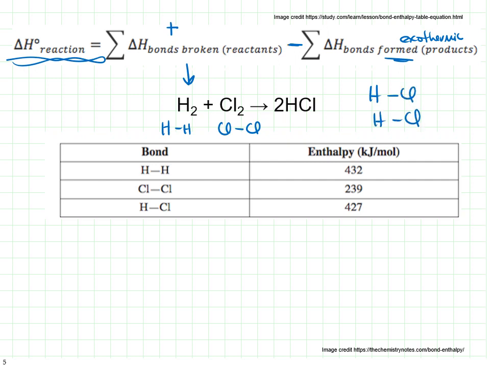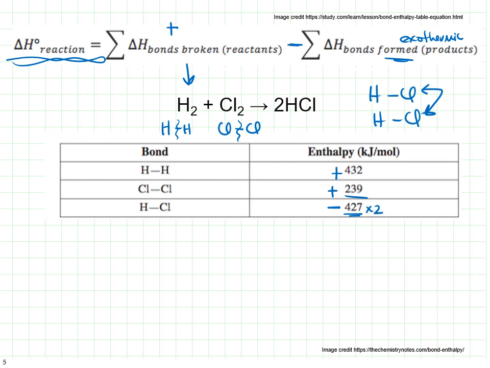So I need to add 432 kilojoules to break that bond. I need to add 239 kilojoules to break this bond, and then energy is released. Energy releasing is a negative delta H. We're going to release 427 kilojoules of energy. Notice that I have two of them, so I'm going to multiply that by 2.